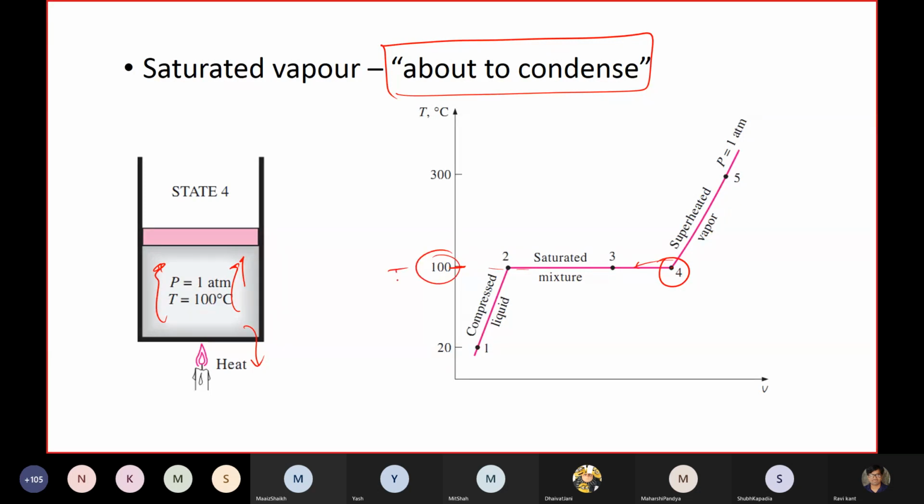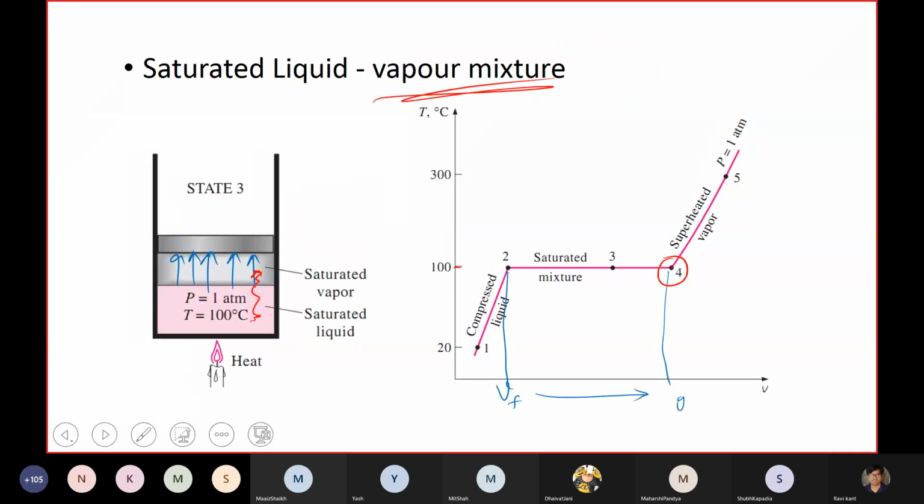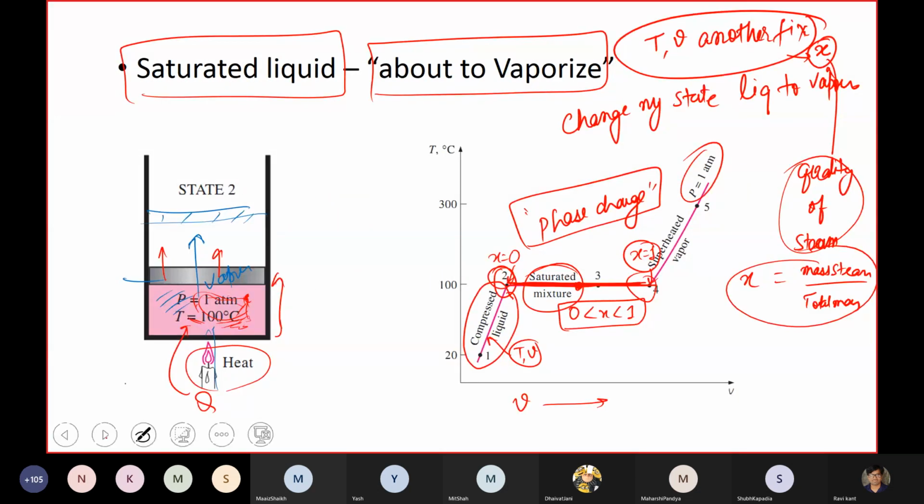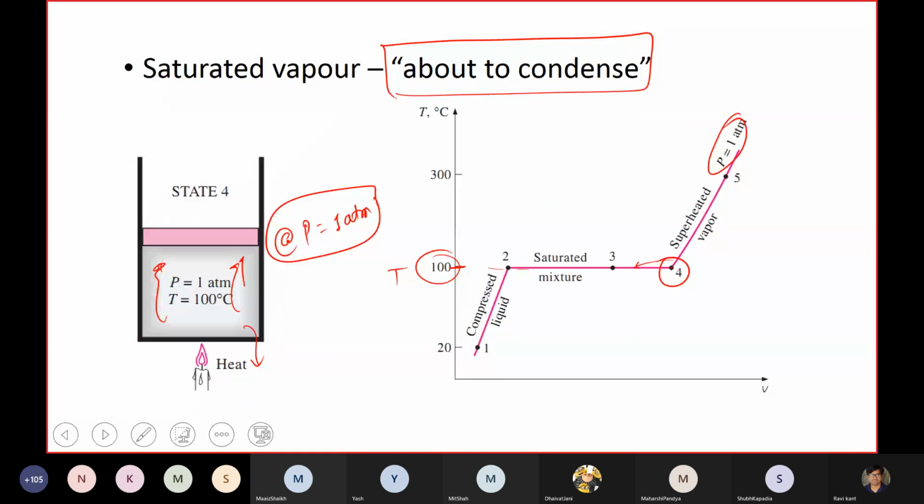The temperature was still constant at 100. Notice that in all the experiments I have kept my pressure at 1 atm. I did this experiment in such a way that the pressure is equal to 1 atmosphere at all times. If we do the experiment at another pressure, the scenario would be slightly different.